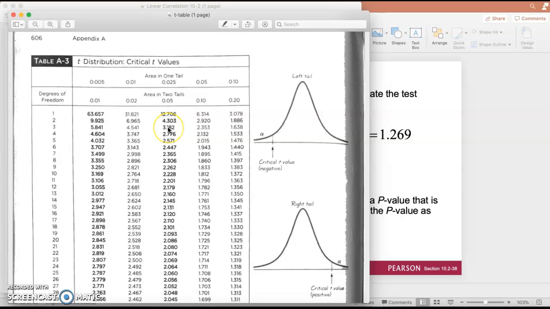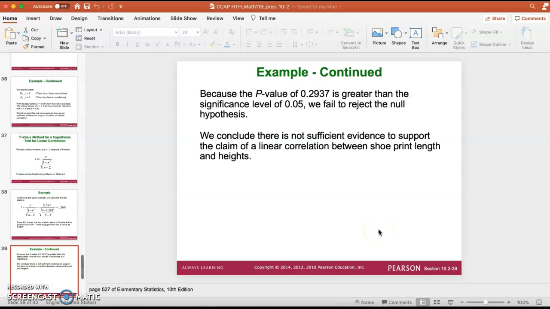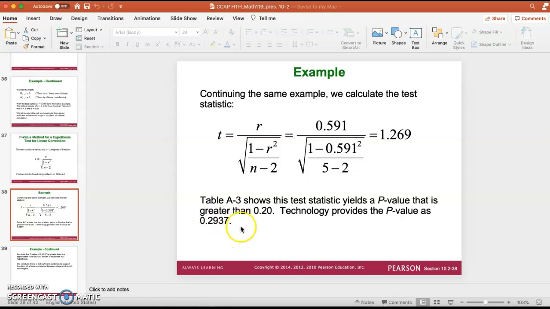So area in 2 tails 0.05, I'd have a critical value of 3.182, but this is much less than that, so that again could also tell me that I fail to reject the null in this case. And there are technologies that can provide that p-value of 0.2937.